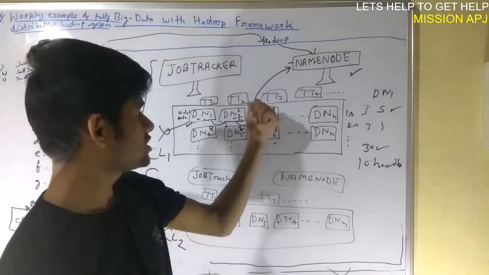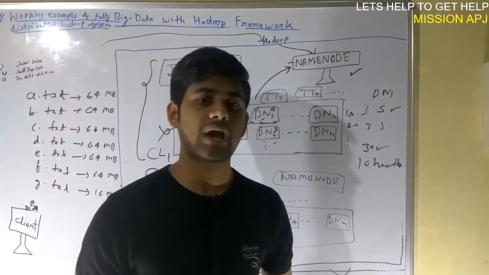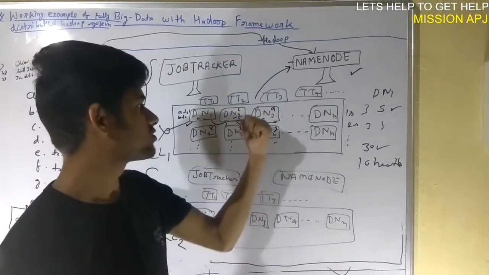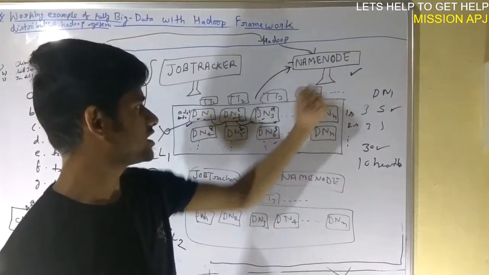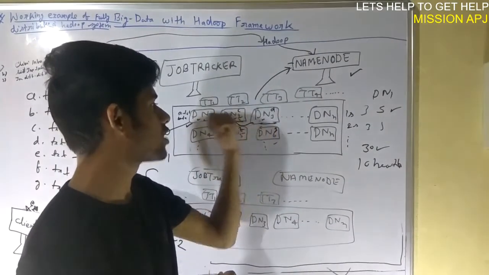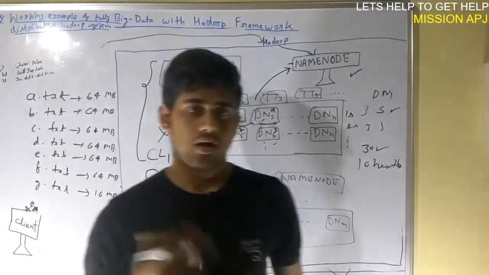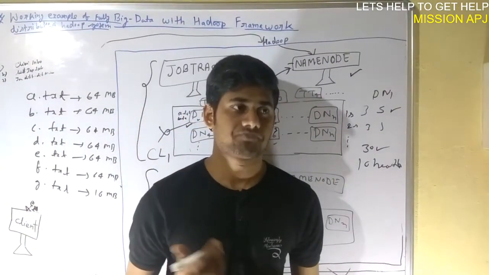Now data node 2 will become the primary data node on which the processing will be done. It will contact the name node and be updated that data node 2 has the copy of the data and is becoming primary. So work will be done on data node 2.